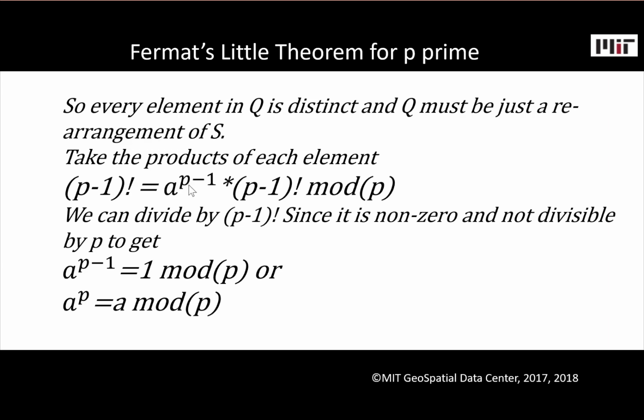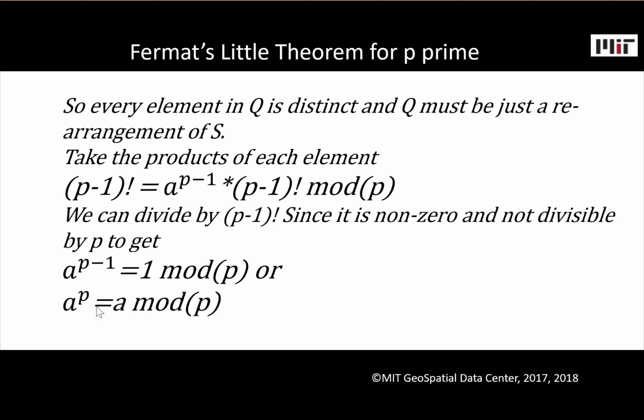So you have 1a times 2a, and so we can take those out and we get a to the p minus 1, and we still get the p minus 1 factorial. And this is all with respect to mod p. Now we can divide through by p minus 1 factorial because it's not 0 and it's not divisible by p. So we get a to the p minus 1 is 1 mod p. Or a more useful result maybe is that a to the power p gets you back to a with respect to modulus p.